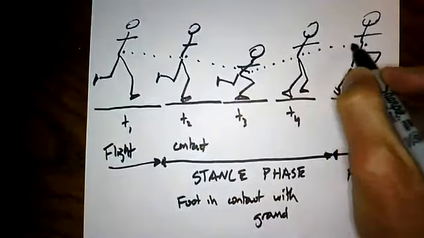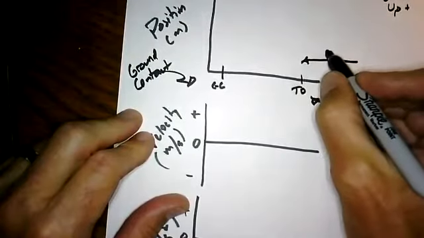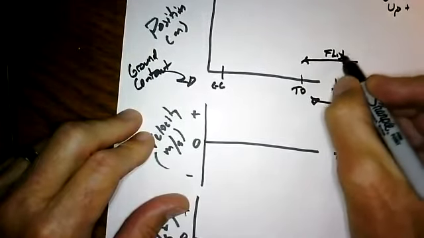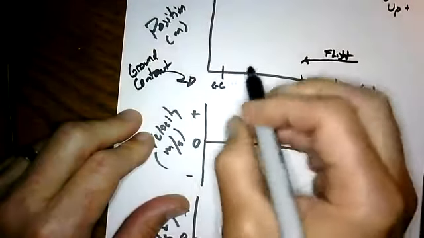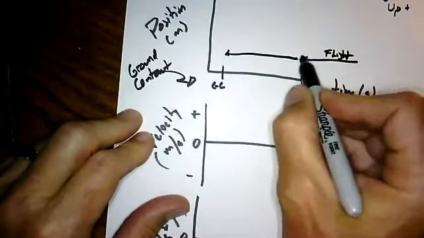So a more general term is ground contact. And then over here, we have takeoff or toe off, either way. Takeoff. We have flight over here. And this whole period is going to be stance.